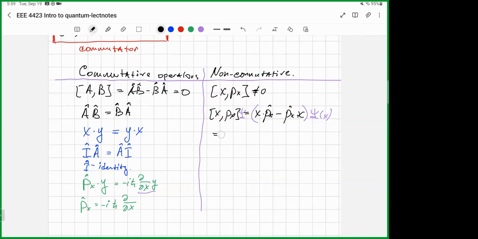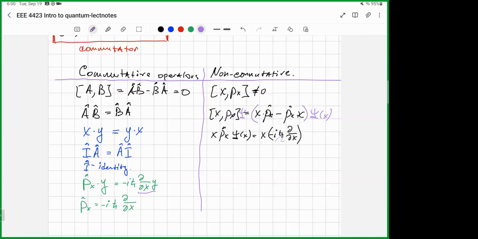Okay, so if I expand this parenthesis, let's write one term at a time. For the first one, x px psi, with psi depending on x, I get x times minus i h bar d over dx, right?